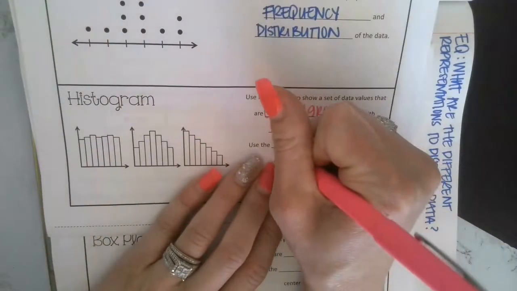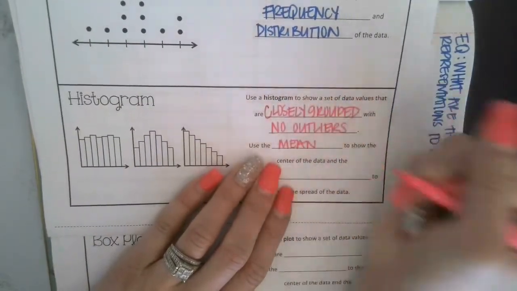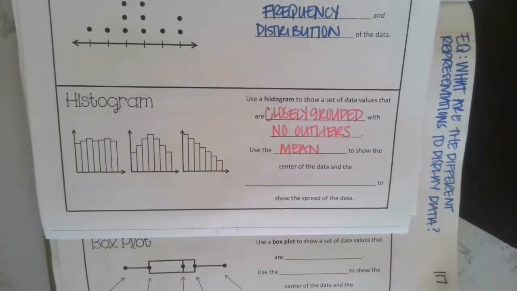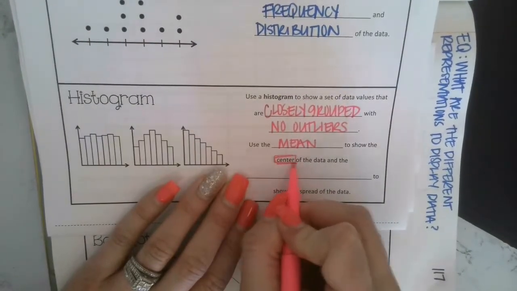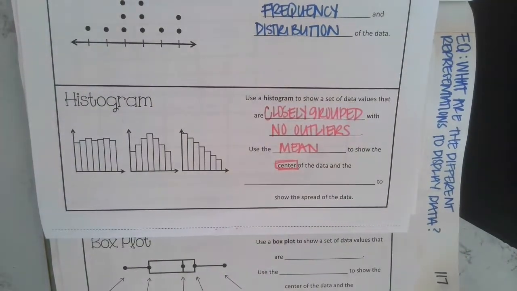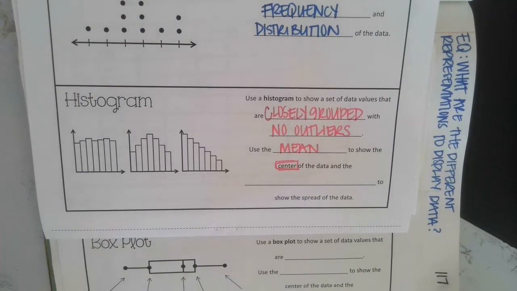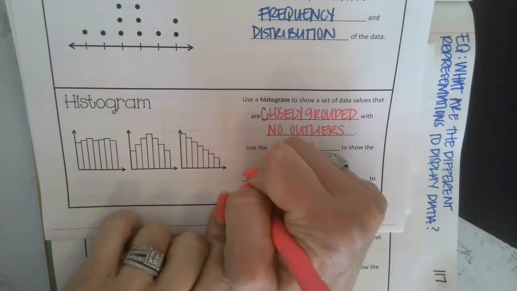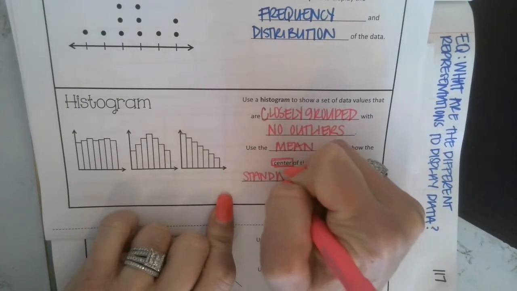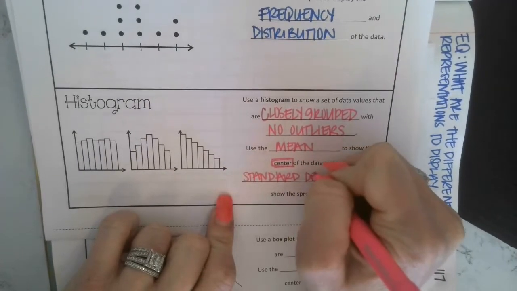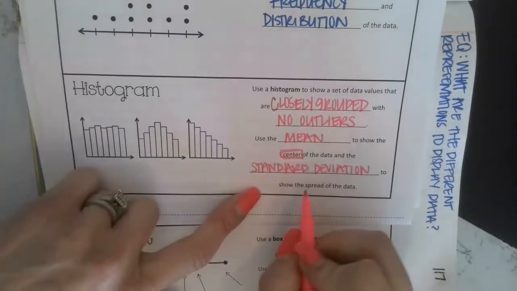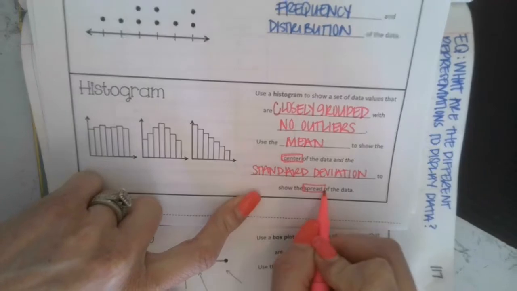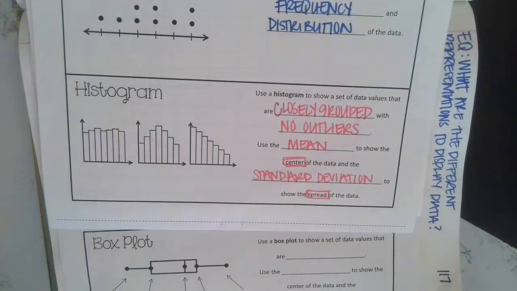We use what's called the mean. The mean is another word for the average. We add them all up and divide by the number that there are to show the center. And this gets into our appropriate statistics that we'll talk a little bit more about as the week goes on. Okay, the middle of the data. And then we use what is called the standard deviation to show the spread, because we don't want outliers.